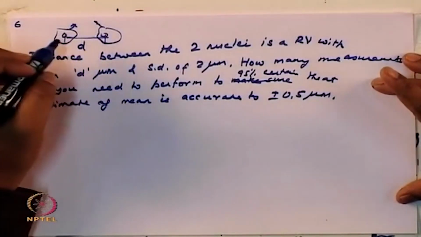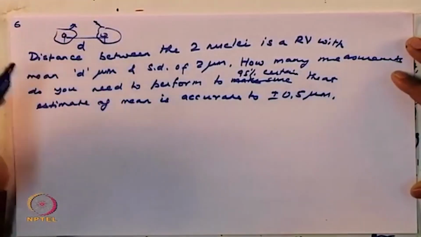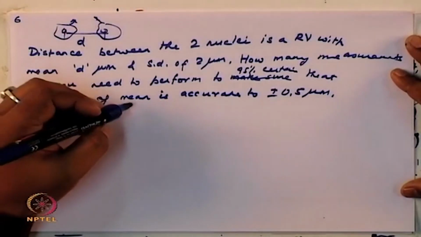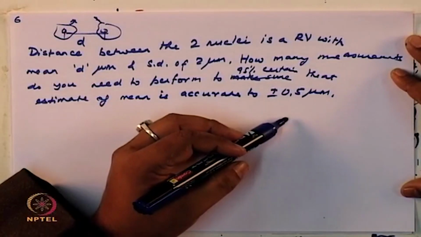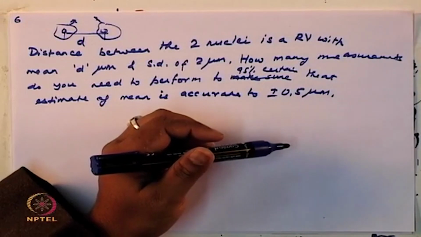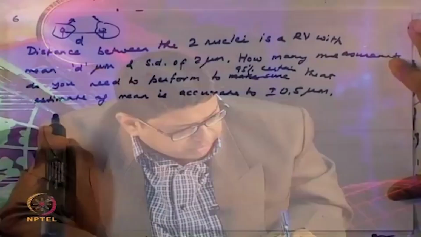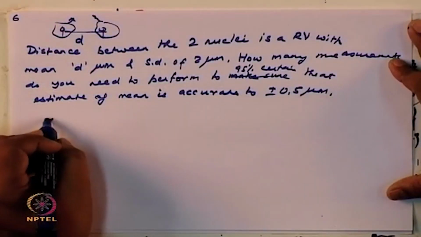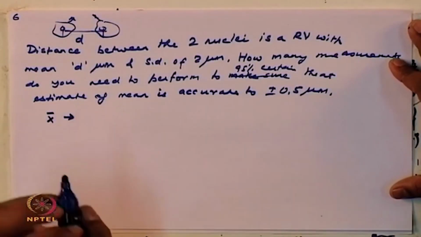So, you have this D as the average. You want to know that the estimate of mean is accurate to plus minus 0.5 microns, and given the scaling sigma by root n, we know that if we increase the sample size, then you would get a much better measurement. Mathematically, x bar is the distance between the two cells.